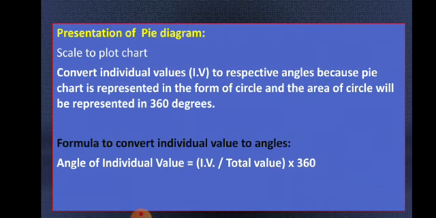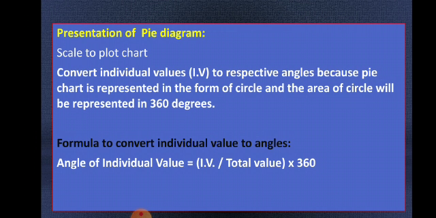As you remember, it is unlike preparing a simple bar chart. A pie chart is a circle, right? If you want to show the distribution of all the individual values, we have to convert the total into 360.